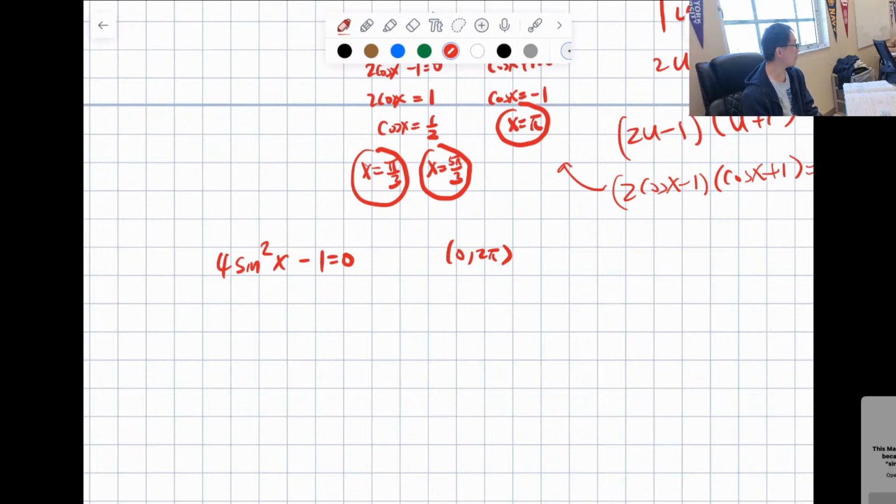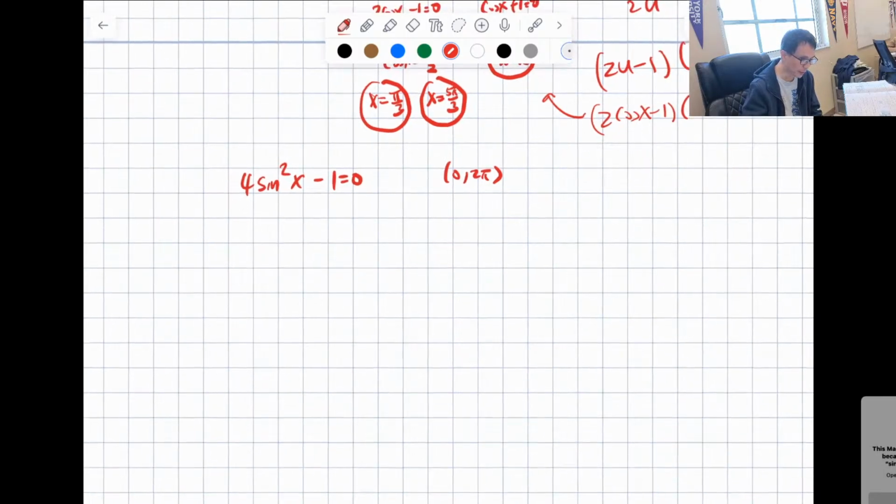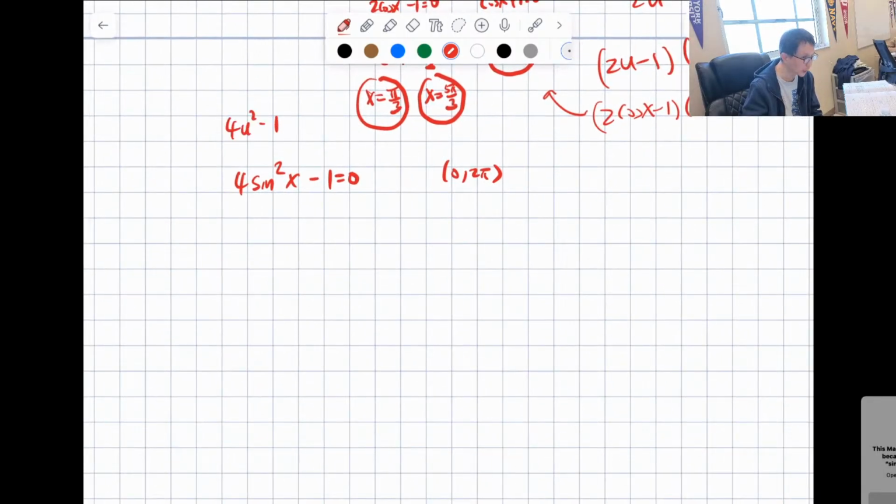So let's talk about how many ways to approach this. Can I factor this? Of course. Think about this as 4u squared minus 1. This is a better way, I promise you. I'm going to use the box method, which works well because there's no middle term.